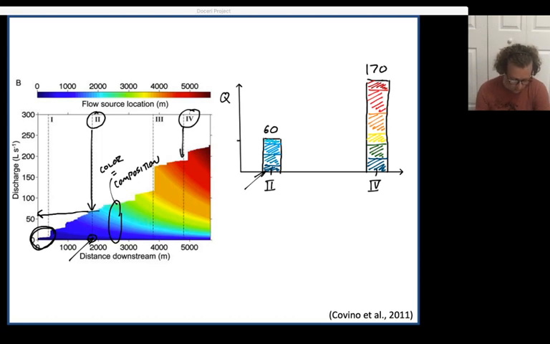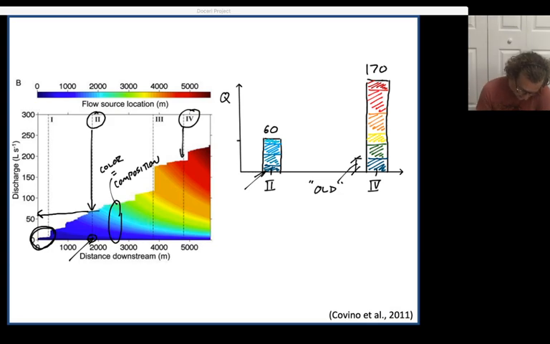And so by the time we get to station 4, we see that there is a very small fraction of "old" water, in quotation marks here. The blue band is very thin. That means very little water is leaving the catchment that originated up in the headwaters.